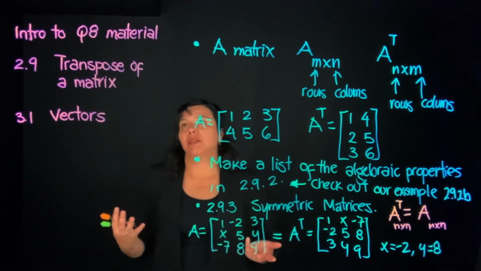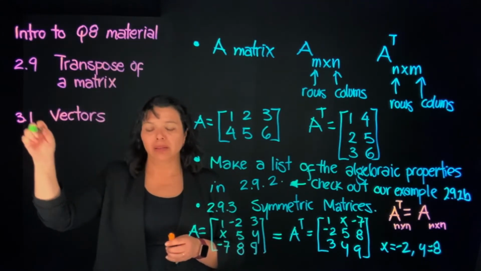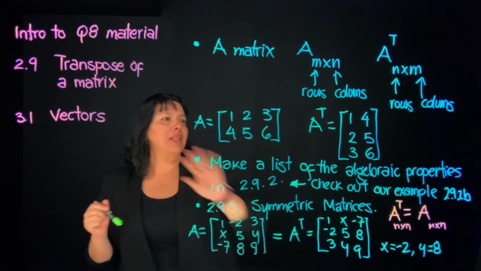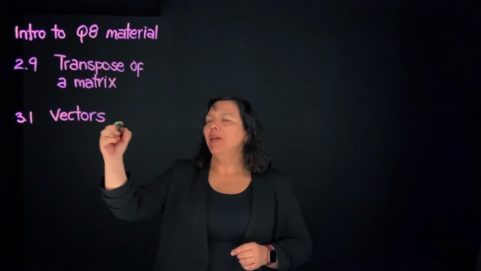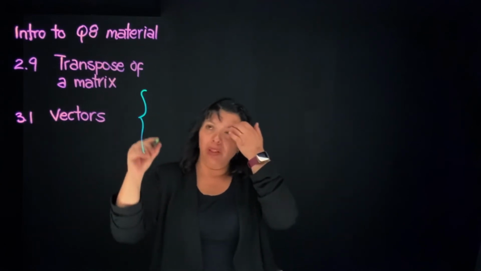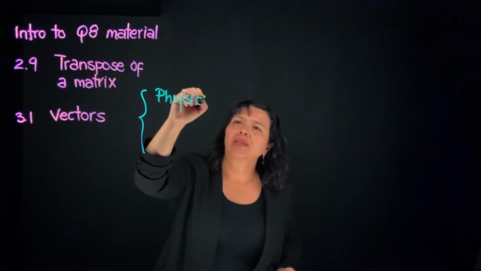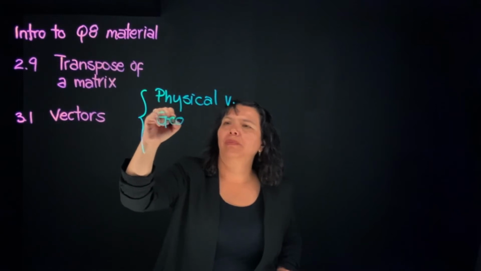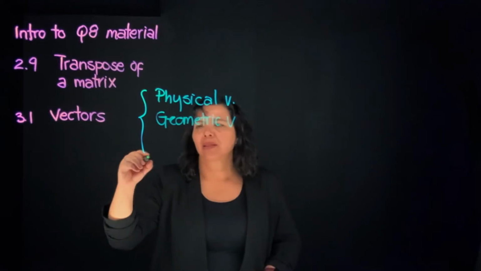So that would be it about this module. The next module that I want to talk about is vectors. About vectors, let me erase this and I'll tell you about vectors in a moment. Your textbook tells you to make sure that you know the difference between 3 types of vectors: physical vectors, geometric vectors, and finally algebraic vectors.